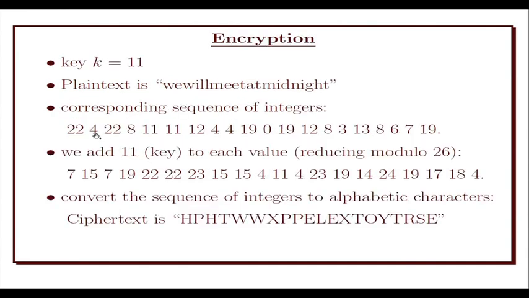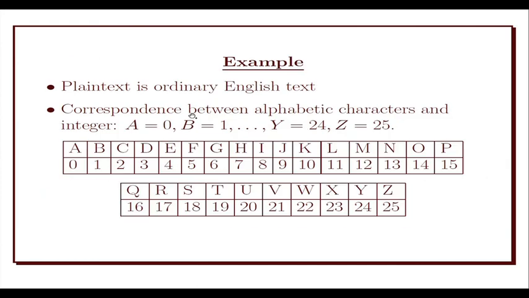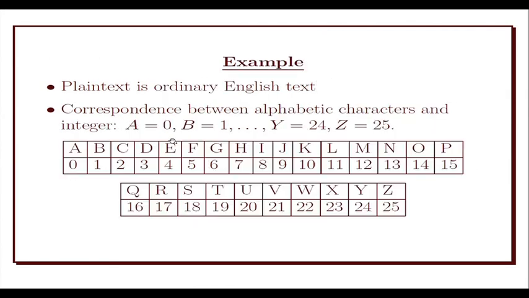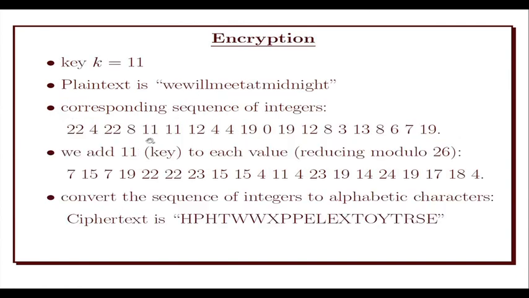Again W is 22, I is 8. L is 11, so we have two L's, 11, 11. So, we convert everything into integers by that correspondence between the set of alphabet and Z26.